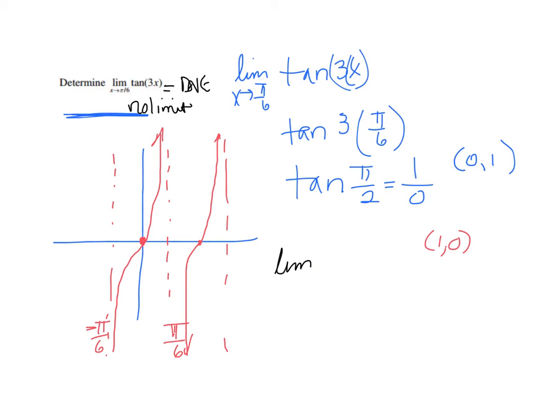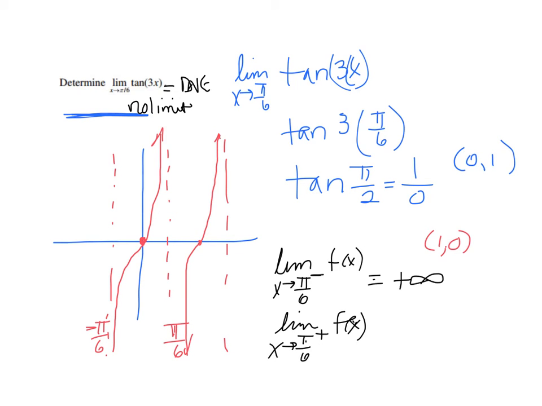I could also say the limit as x approaches pi over 6 from the left is going to be positive infinity, and the limit as x approaches pi over 6 from the right of f of x is negative infinity. And that's why. It's telling why there is no limit, because it's not the same coming from one direction as it is the other.